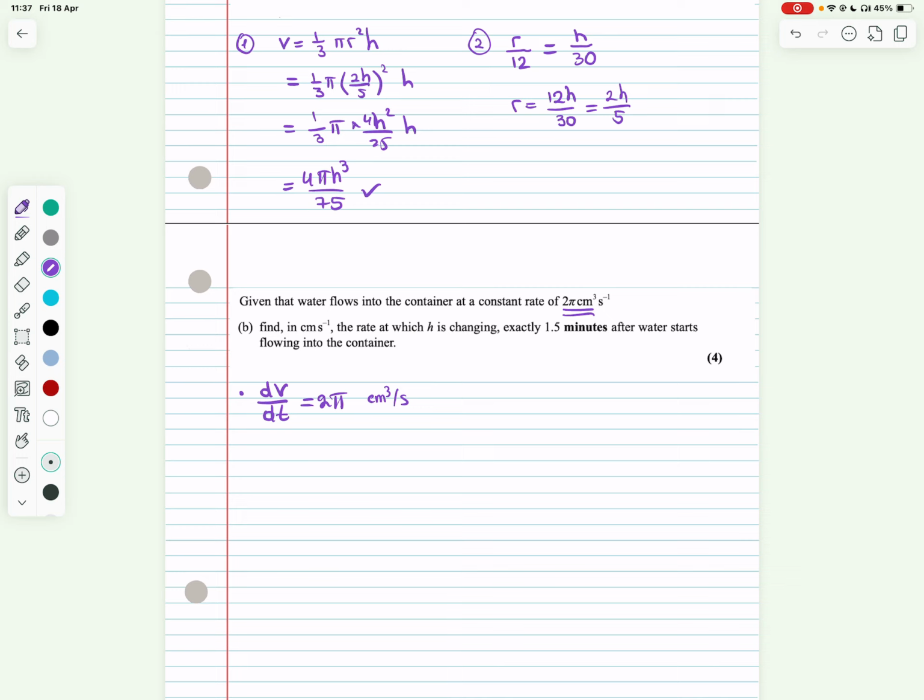It's better to write dH over dt, that is the change of the height as time passes. Why do I need to write this? Firstly, that tells me what I'm looking for, and you can clearly see this from the context of the question itself.